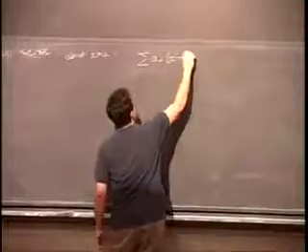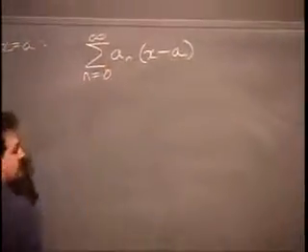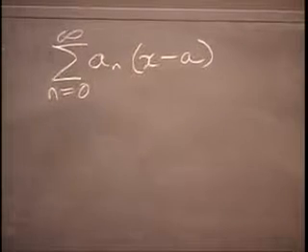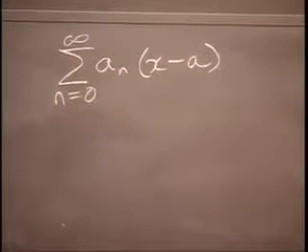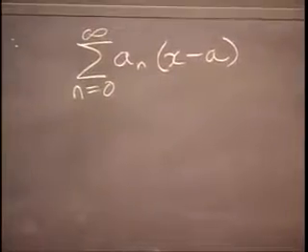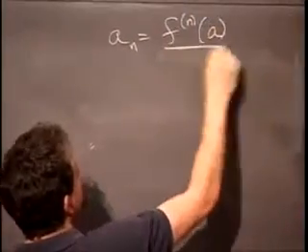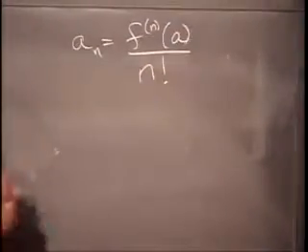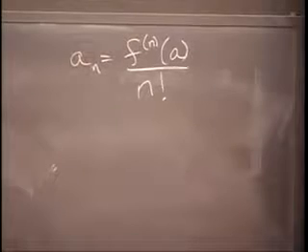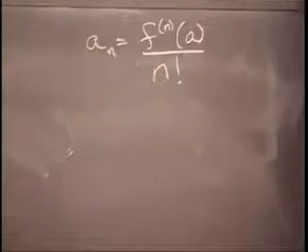The sum from n equals 0, although you don't have to start at 0, to infinity of an times x minus a to the n. Now, the sort of Taylor series we've been looking at are a special case where an is the nth derivative of some function f evaluated at a over n factorial.